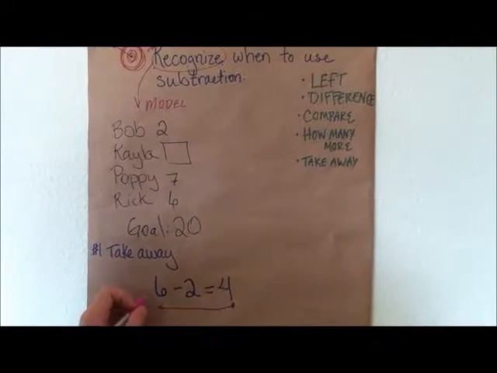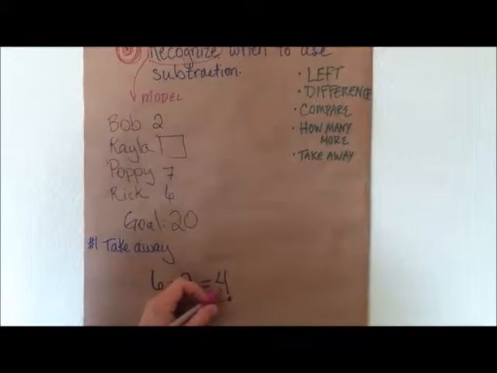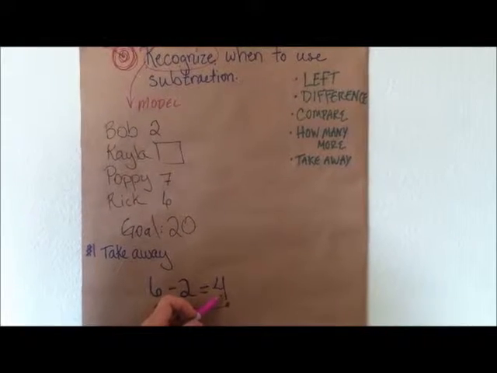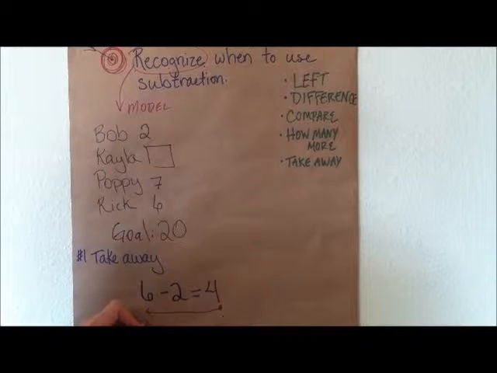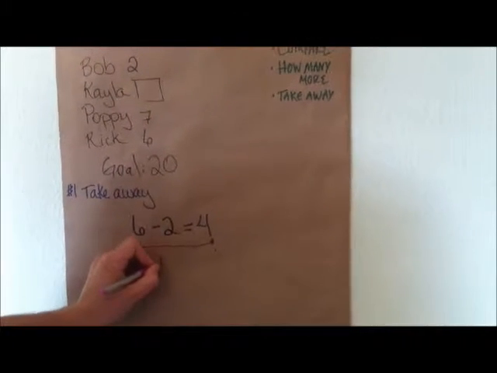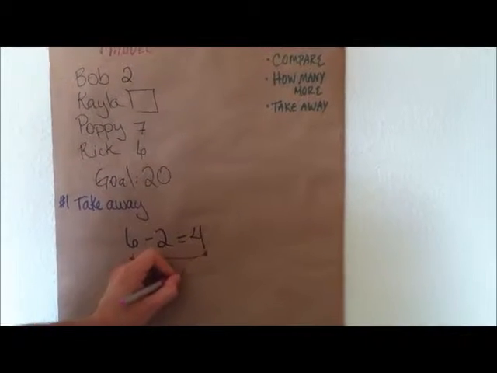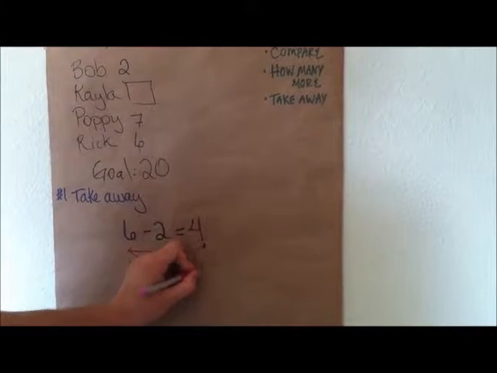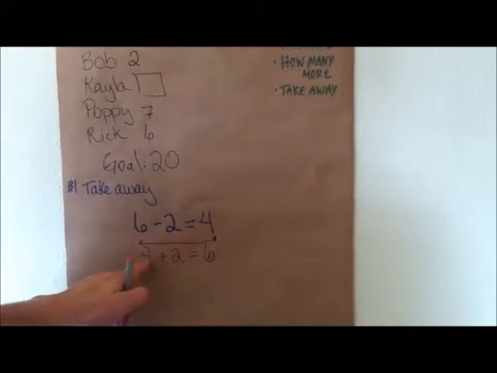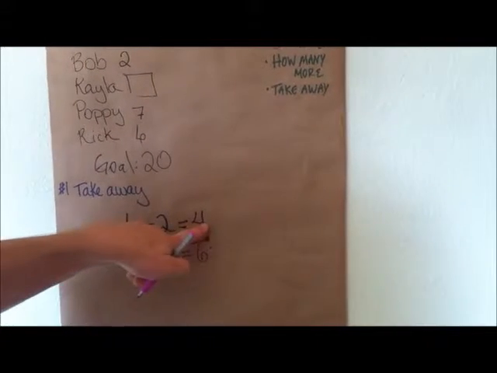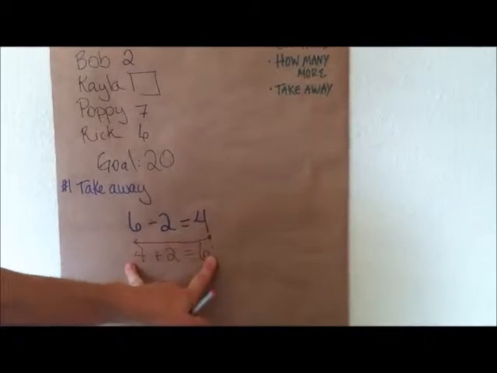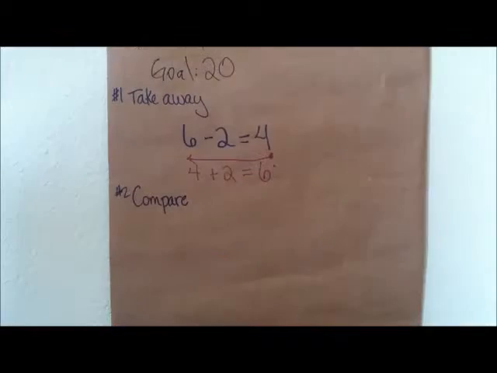So I think if 6 minus 2 is 4, the related fact would be 4 plus 2 equals 6. Is that true? 4, and then 5, and then 6. Yes. So I've done my subtraction right because I checked it using related fact.